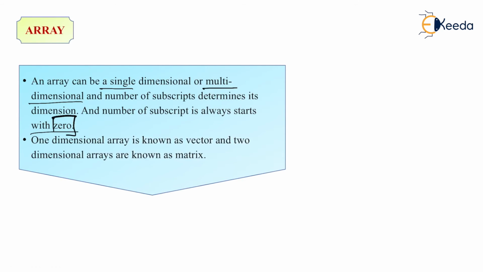Next, a one dimensional array is also known as a vector, and a two dimensional array is known as a matrix.